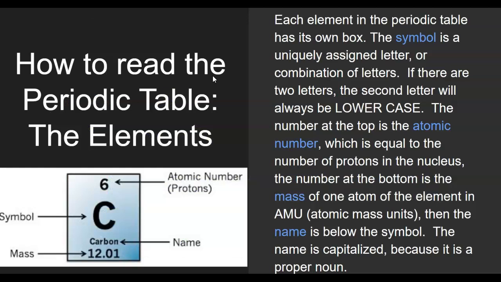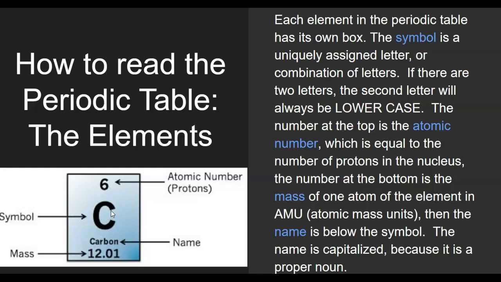You have to be able to read the periodic table, and so I've put a little box here that shows you what you would typically see in a periodic table box. The top number represents the atomic number. So the atomic number for carbon is 6, which also refers to the number of protons that you would find in the nucleus.